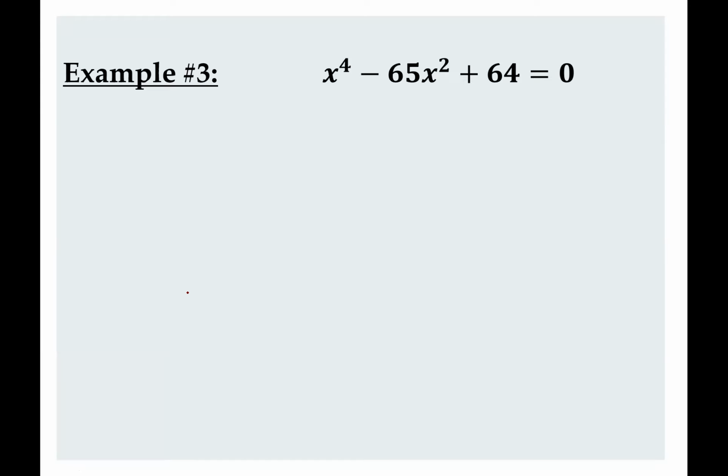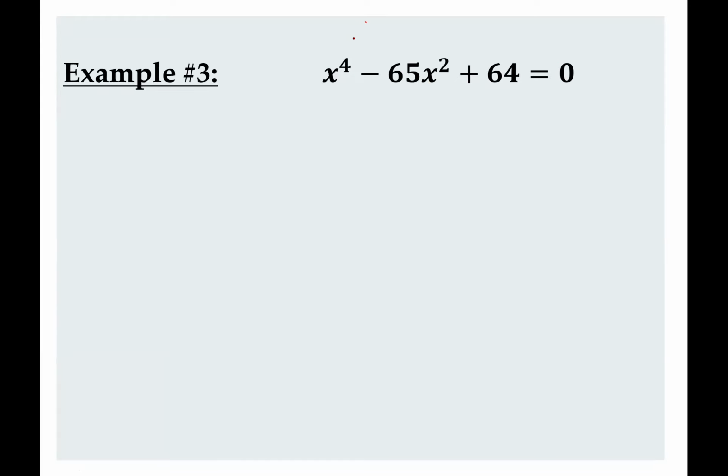Okay, so in this problem right here, let me just read the original problem. X to the fourth minus 65x squared plus 64 equals 0. Okay, so this is already in standard form from highest exponent to lowest. It's already equal to 0.